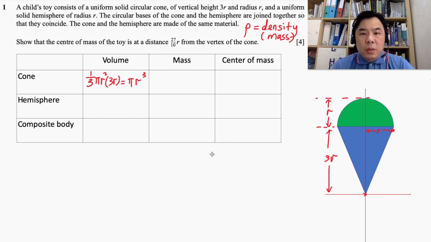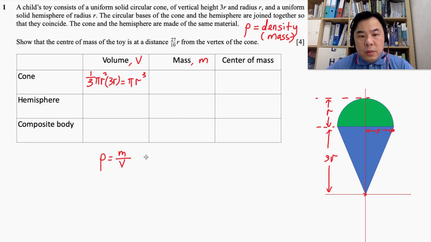And then for the mass itself, we know from the formula of density that density is given by mass over volume. We have our volume here, and we are interested in obtaining the mass itself. So maybe here I'm going to label this as volume, and this is mass here.